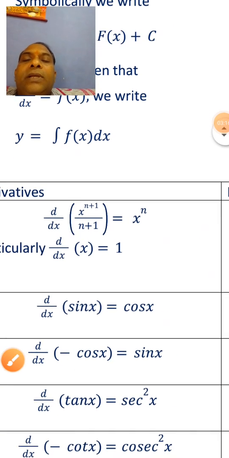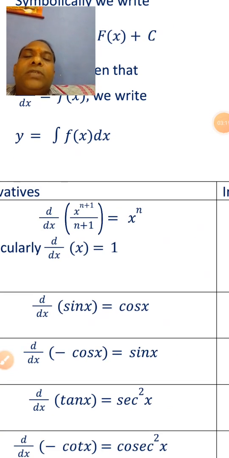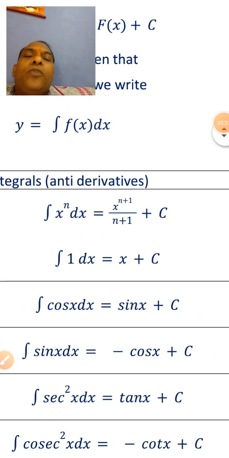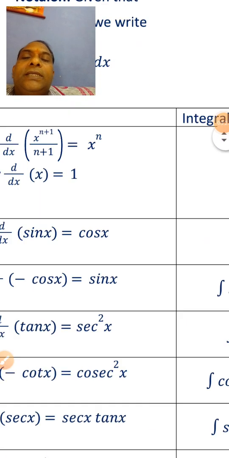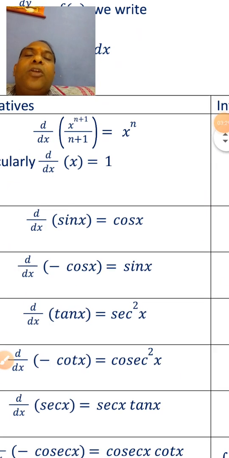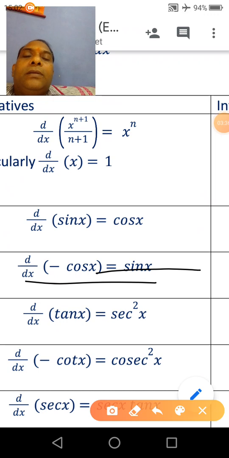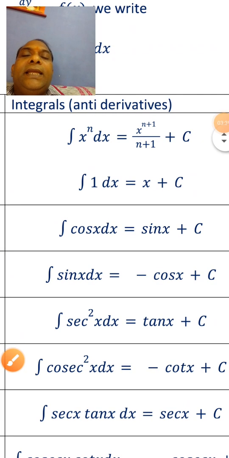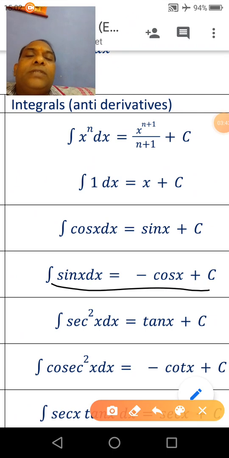Now differentiation of sin x is equal to cos x. So integration of cos x will be sin x. Similarly, differentiation of minus cos x is equal to sin x. Then integration of sin x will be equal to minus cos x. Clear?